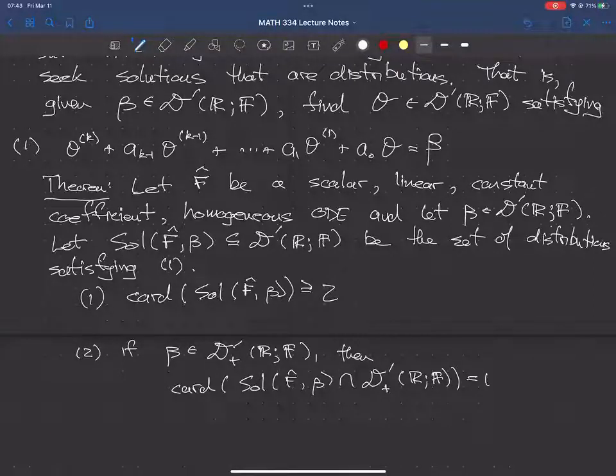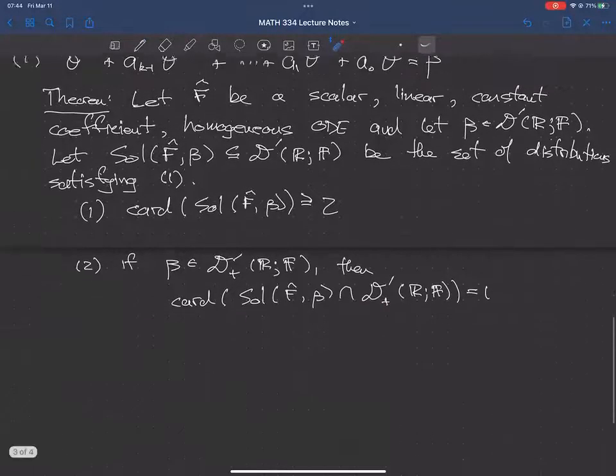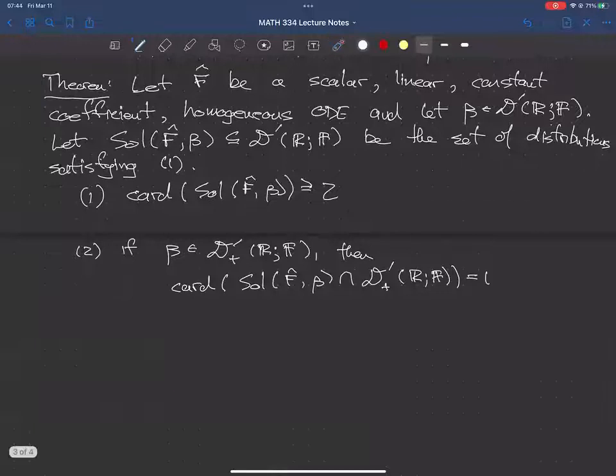So I get uniqueness of solutions if the inhomogeneous term beta has support bounded on the left, and I seek solutions whose support is similarly bounded on the left. And the same thing is true for bounded on the right.